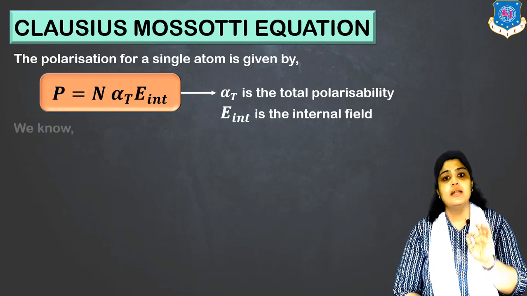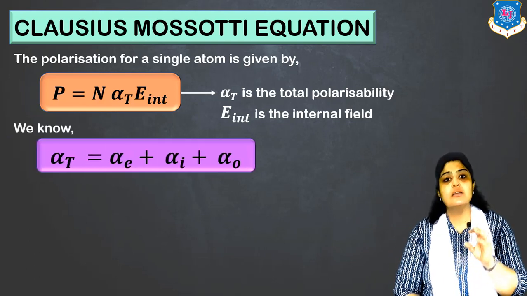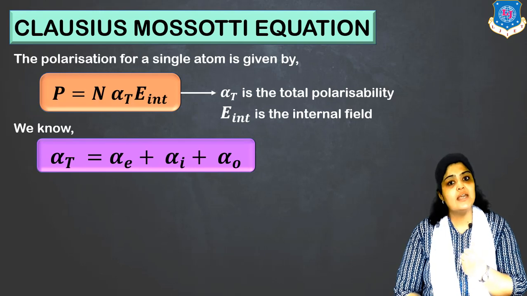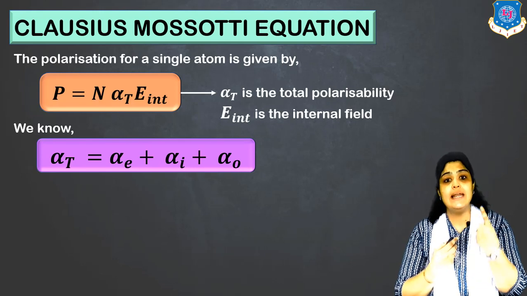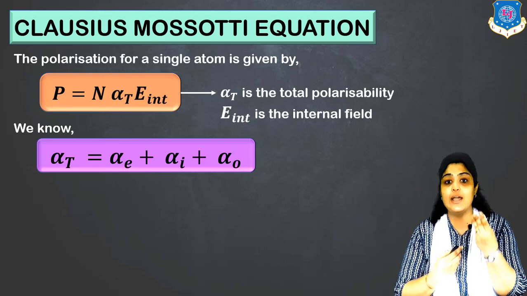Clear? Now I know that alpha T is a summation of 3 different polarizabilities: electronic, orientational and ionic.